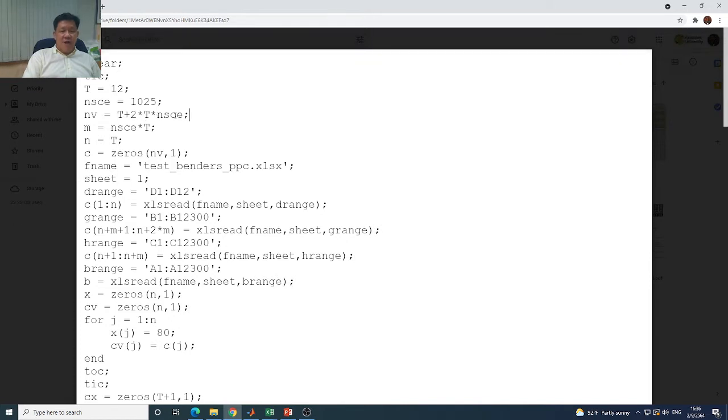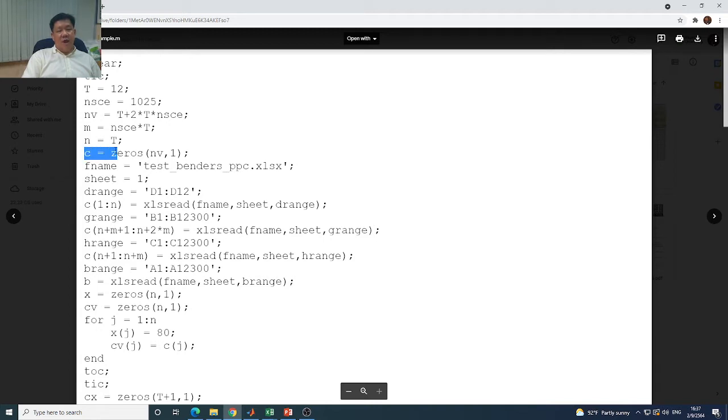For one constraint in a scenario, you need 2 additional variables, I plus and I minus, to balance left-hand side and right-hand side. M is the number of constraints. Each scenario contains T constraints, so you have NSCE times T. We also set n equal to capital T, to fit with the notation that we described earlier.